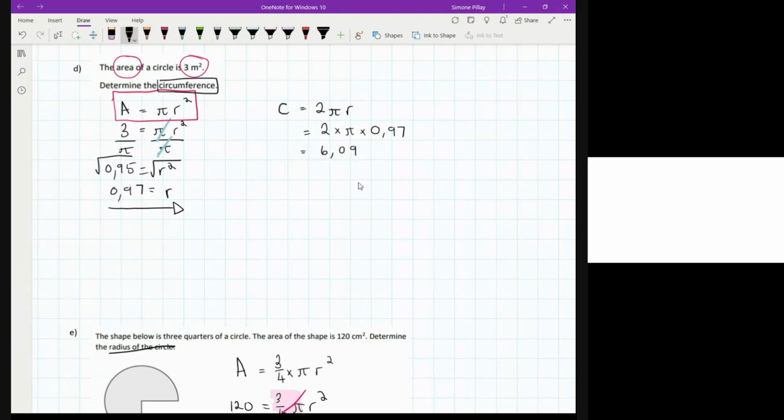I made a mistake. Uma, where did I make a mistake? So, ma'am, you see where we got the radius? It's supposed to put meters squared. Yeah. Thank you.